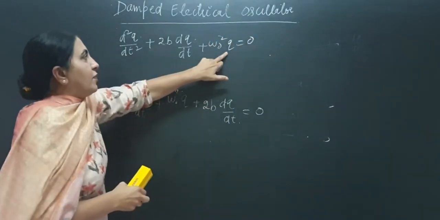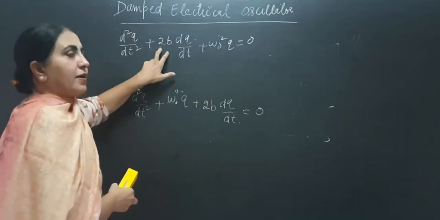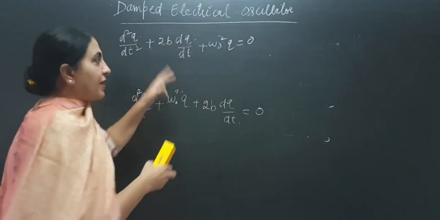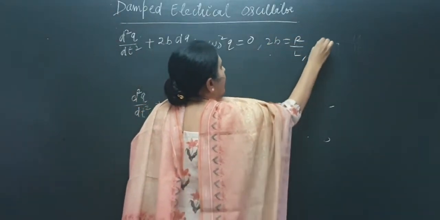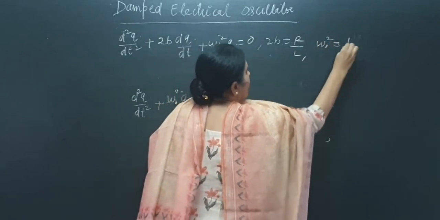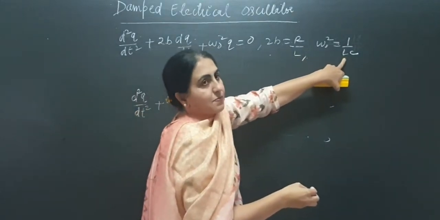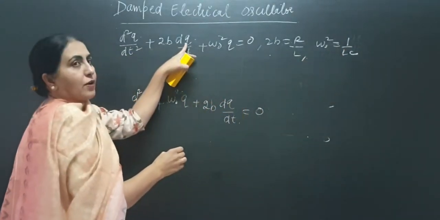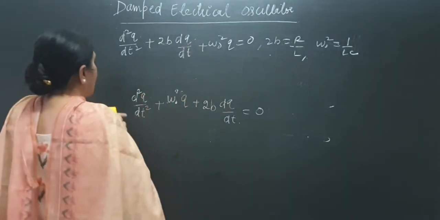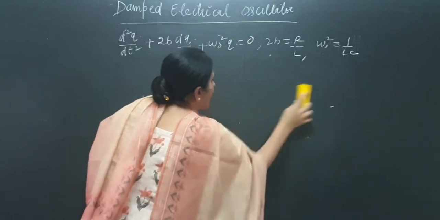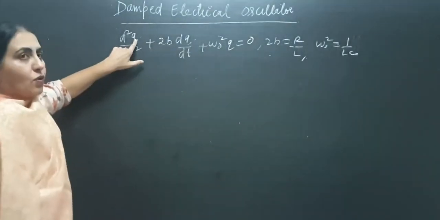Here, instead of X, we have Q. Here 2B is equal to capital R by L, and omega naught square is equal to 1 over LC. In the mechanical oscillator this is small r by M, and this is equal to S by M. Clear? And instead of Q, in the mechanical oscillator we have X. So the rest of the procedure is the same; here it is Q only.